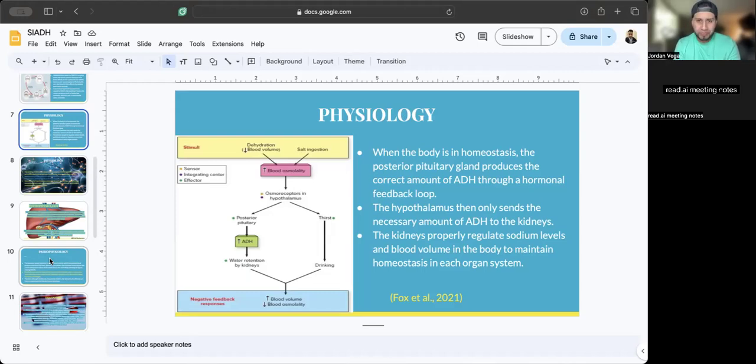When the body is in homeostasis, the posterior pituitary gland produces the correct amount of antidiuretic hormone through a hormonal feedback loop. The hypothalamus then sends the necessary amount of antidiuretic hormone to our kidneys, and the kidneys then properly regulate sodium levels and blood volume in the body to maintain homeostasis in each and every organ system.